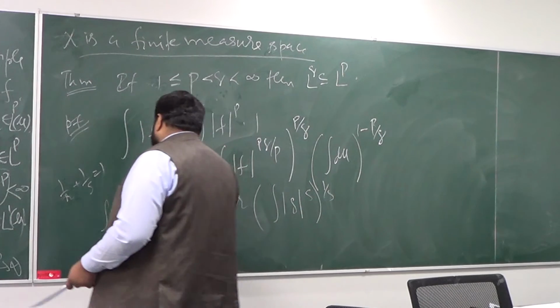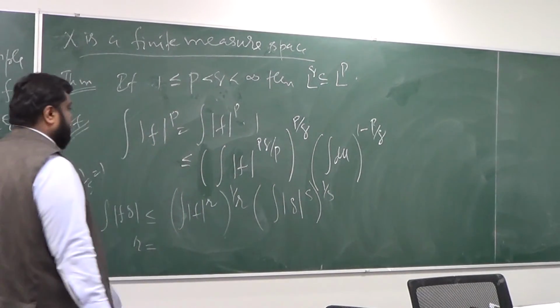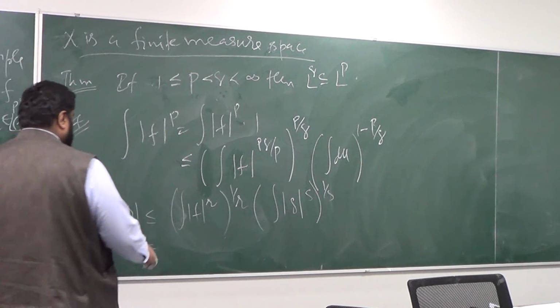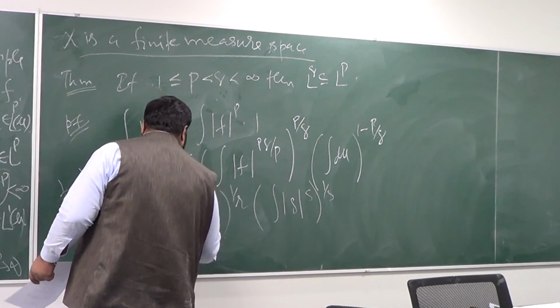Here's the thing: what is R here? R is q over p. And what would be S?